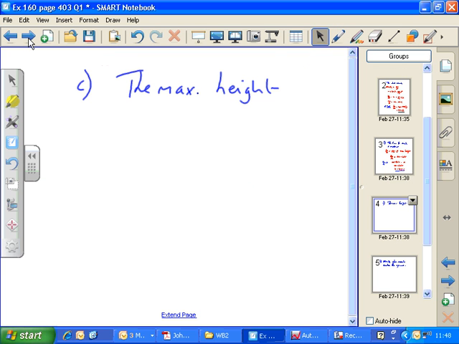What is the value of this maximum height? So what we need to do is go back to the original function and substitute in our value that we just found for t, which is 4 seconds, and that will give us the maximum height. So the original formula is x equals 100t minus 25 over 2 t squared.